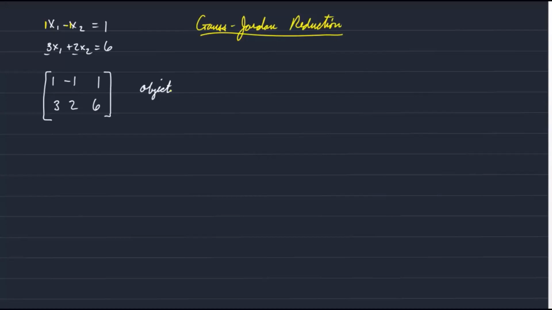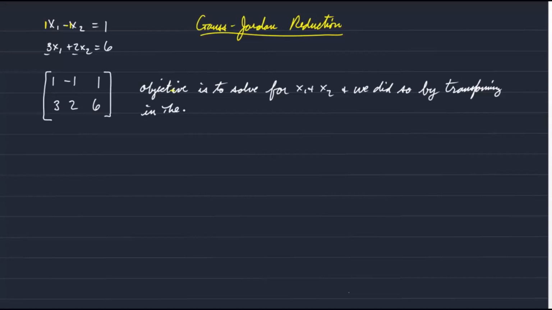Our objective is to solve for x1 and x2, and we did so by transforming the system, again by doing elementary operations, into the form of x1 plus 0 is equal to 8/5, and 0 plus x2 is equal to 3/5. Right? That's how we solved our system.